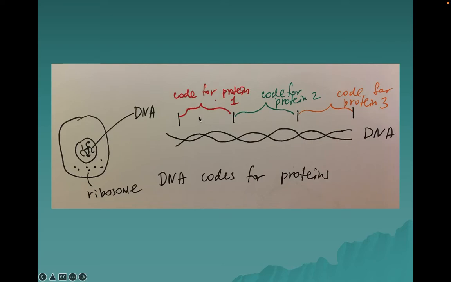So my next question, which I typically ask, is can you think of a name given to those sections of DNA which code for different proteins?